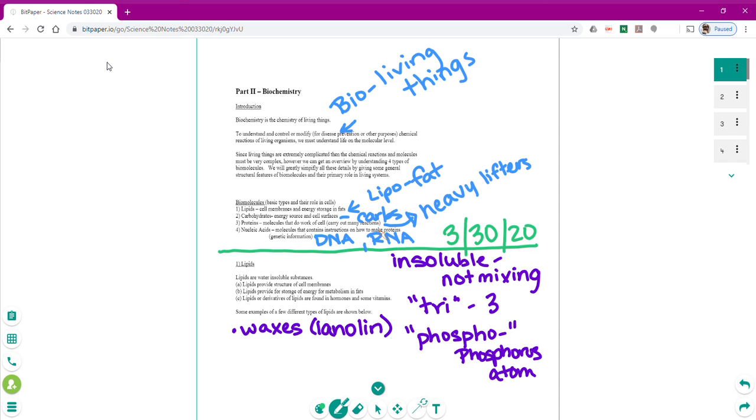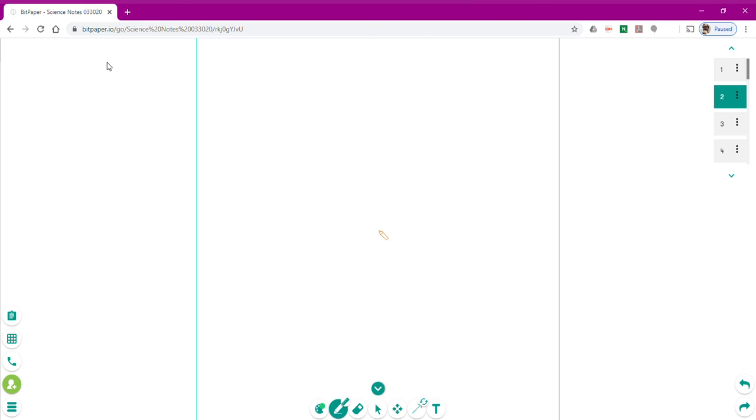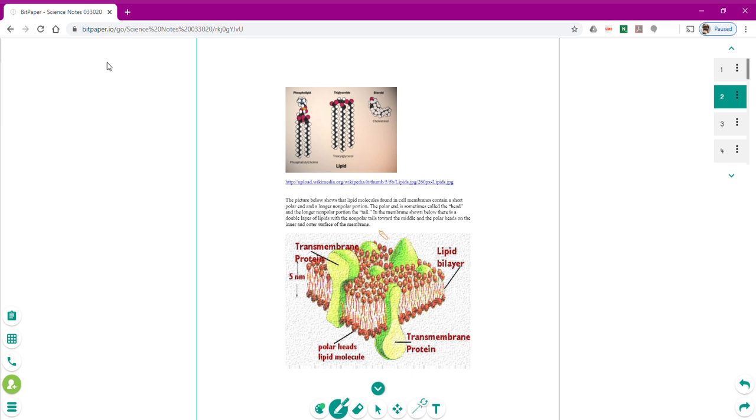Okay, so let's use the diagram that it's given us. I'm swapping to the next page. Oh, good, you can see that. Now, in the top picture, you can see the phospholipid is the first thing.